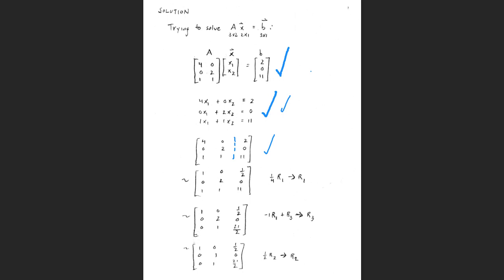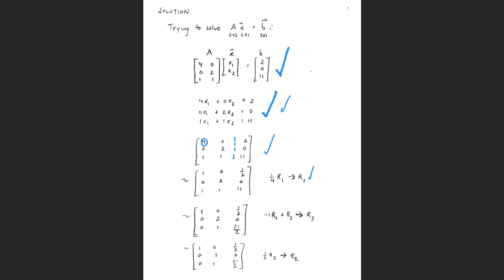So what we'll do here is I want to get a 1 where the 4 is. So I'll multiply the first row by a fourth and replace the first row by a fourth times row 1. Then I'll have a 1 as a pivot here.